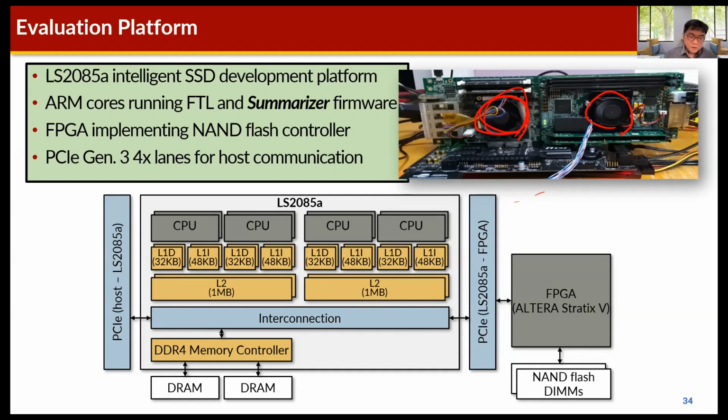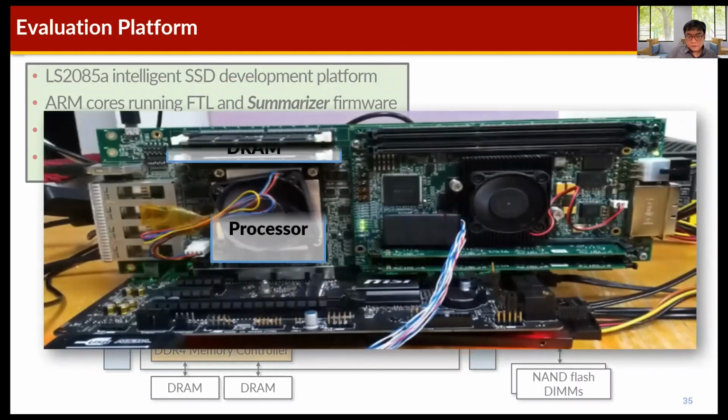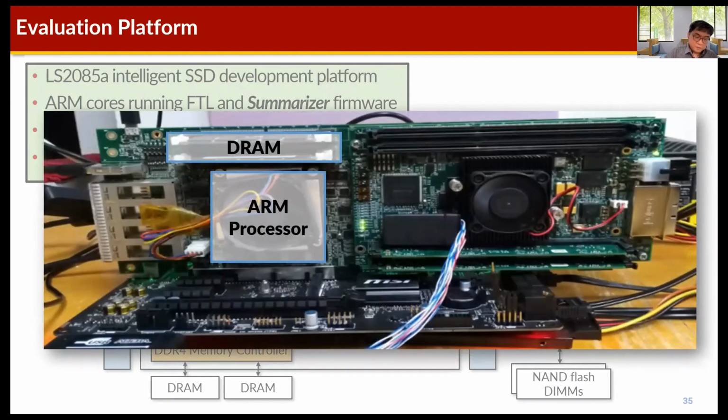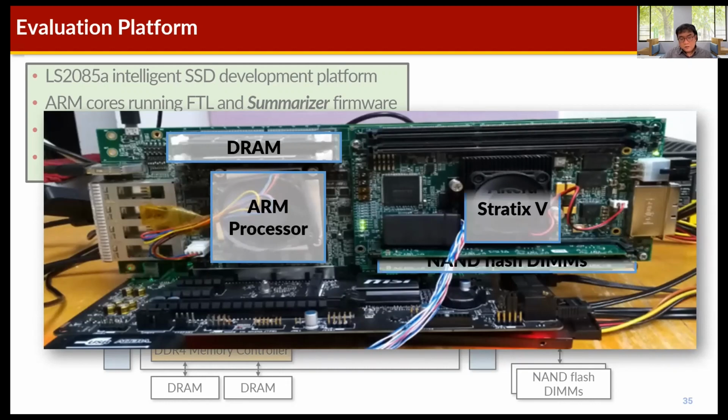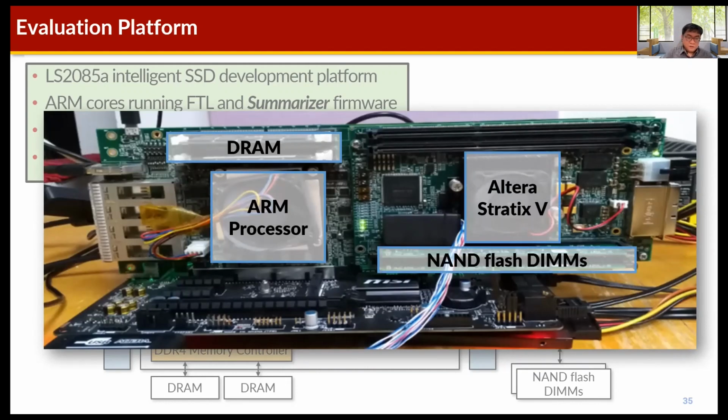But we evaluated these geodata processing ideas using a real SSD development board. That is another contribution of this summarizer work. In this detailed photo, you can find the ARM processor and the flash DIMMs connected to the Altera FPGA.